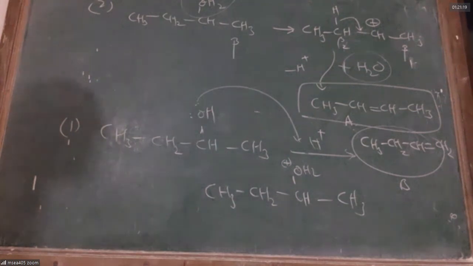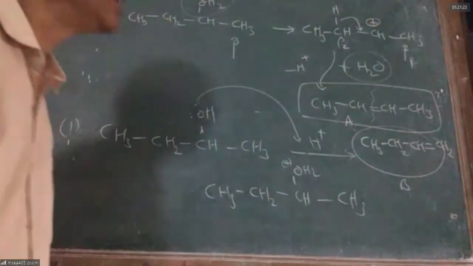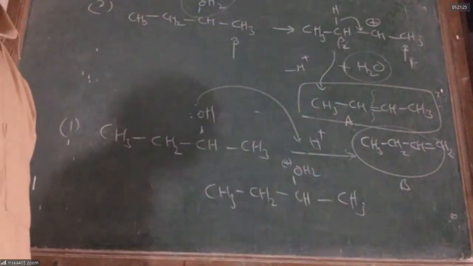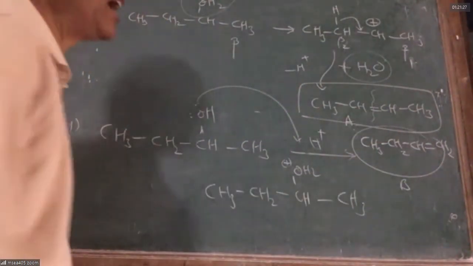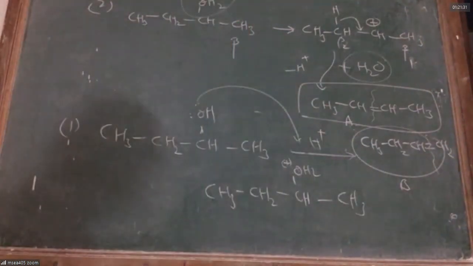In that way, you are getting a very symmetric alkene which can be cut into 2 equal parts. Symmetric alkenes are more stable. Therefore, if the hydrogen is eliminated from the first beta carbon, you are getting an unsymmetric alkene, which is thermodynamically unstable. Therefore, the rule says whenever a carbocation has two beta carbons, hydrogen is eliminated from that beta carbon which has fewer hydrogens to give a symmetric alkene.